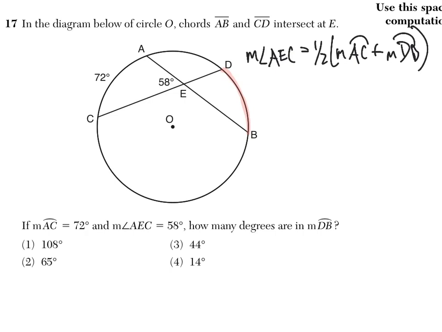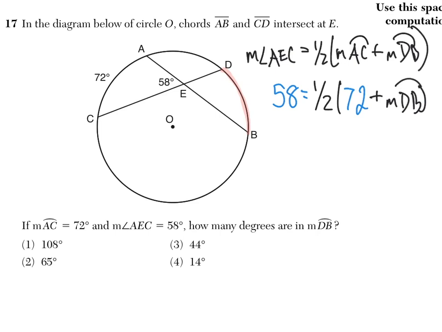All right, so let's plug in these values. Instead of angle AEC, we're going to write 58 equals 1/2. And then instead of arc AC, we're going to write 72 plus, we don't know what arc DB is. So we're going to leave that like so.